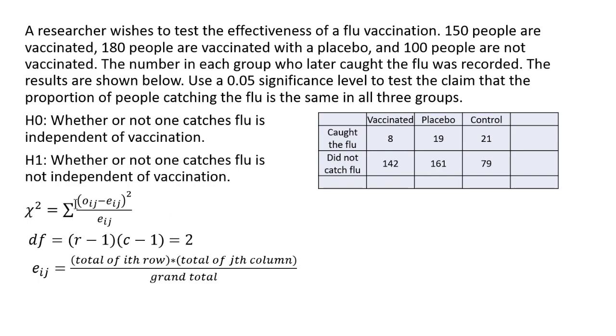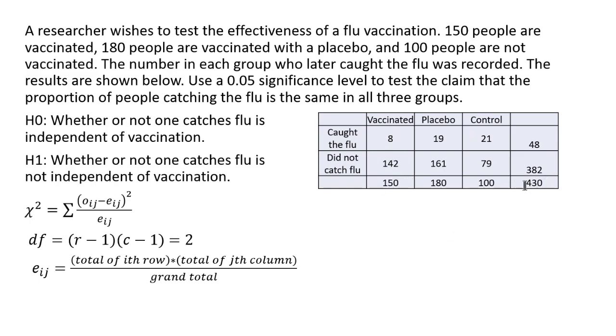And then in order to use this formula, you need to calculate the expected value by this formula right here. Because you need the totals of the rows and the columns, let's first populate those numbers. If you add them, you get 48. You add it vertically, that's the column sum, that gives you 150.